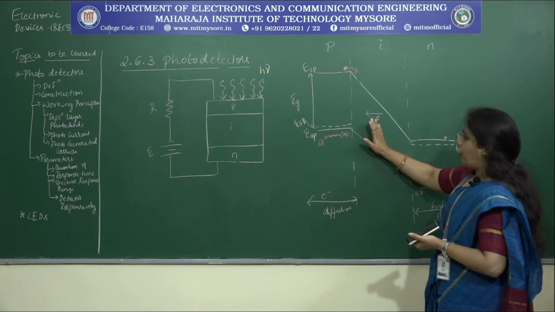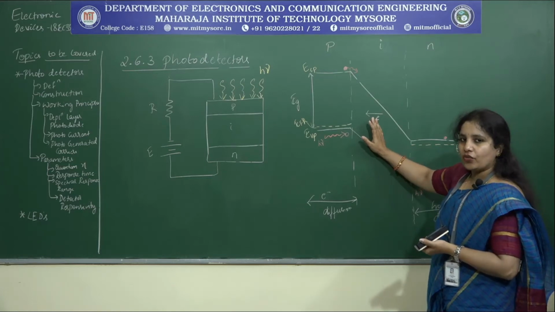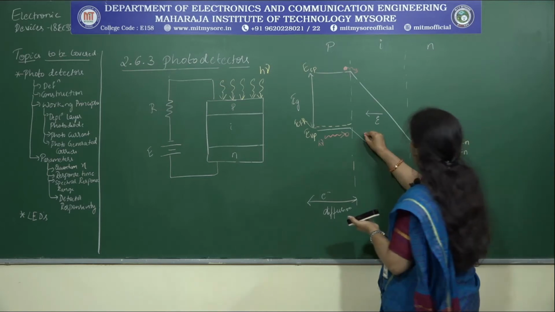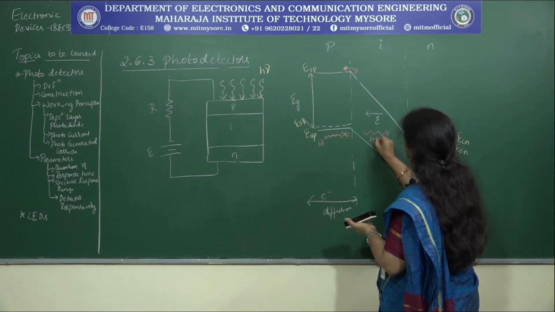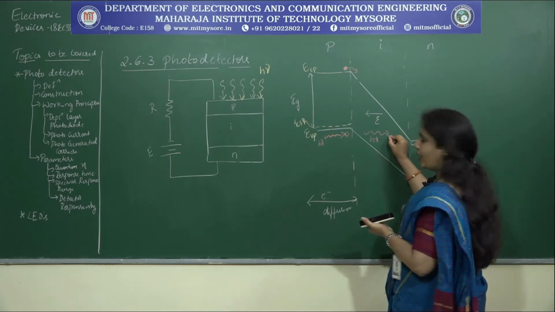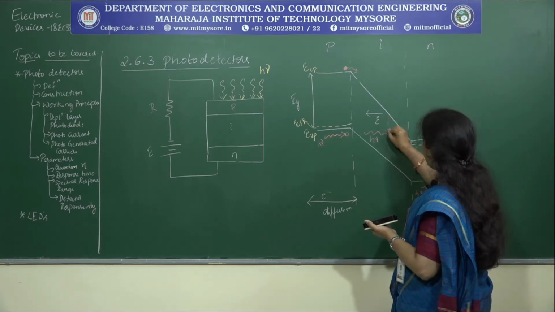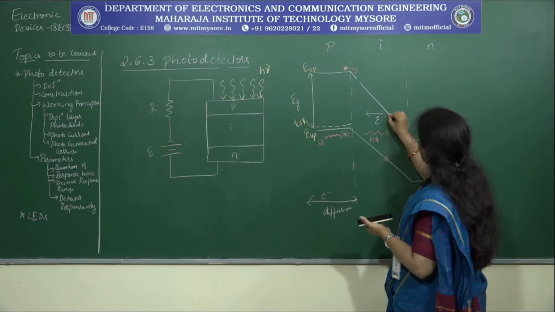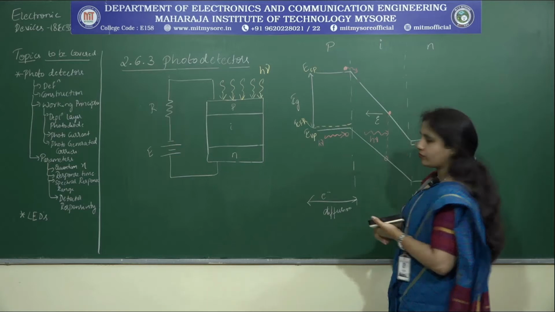Now what about the depletion region, or the transition region? In this region, whenever light is incident, what will happen? A hole and an electron, I'll show it with an arrow, are being generated.